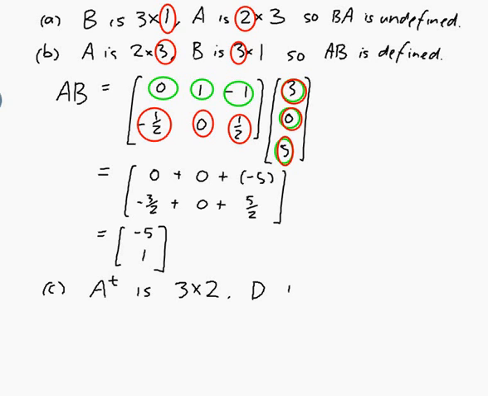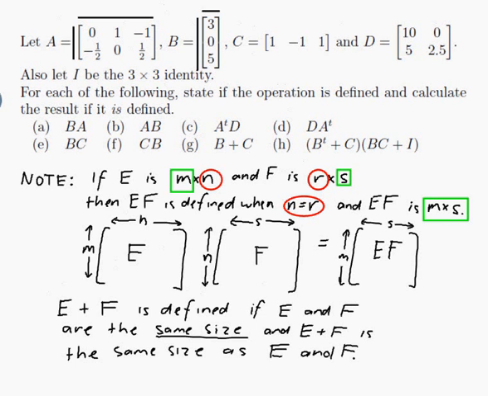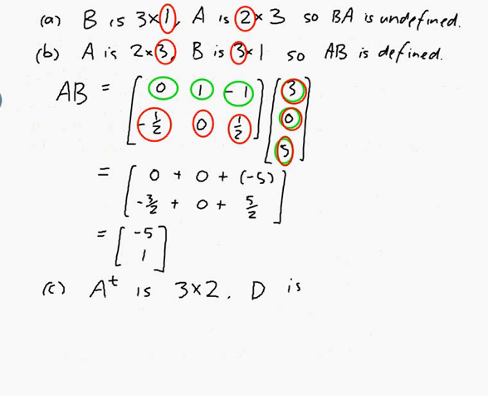And D, let's go have a look at D. D was 2 by 2. Okay, so D is 2 by 2.